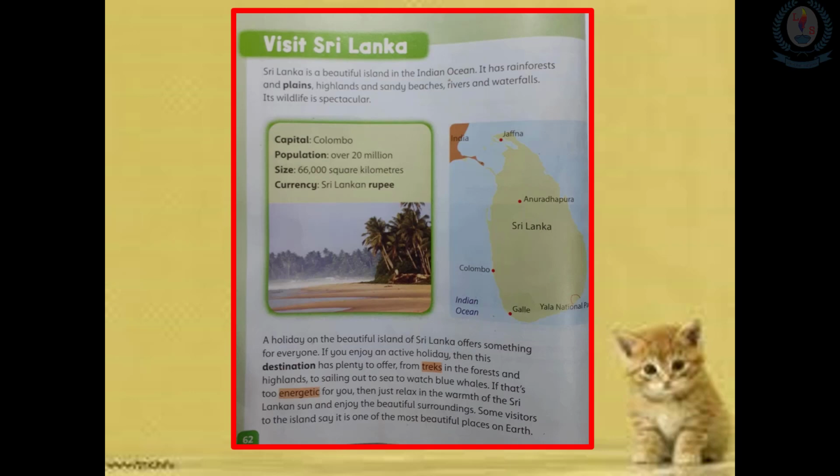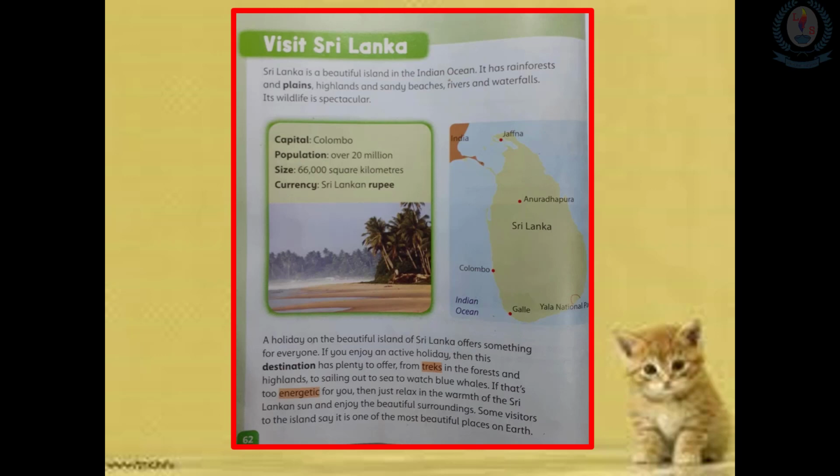Okay. Now I'm going to explain the lesson to you. You also should have the textbook and turn to page number 62 and 63 because we are going to discuss these 2 pages. Visit Sri Lanka. Sri Lanka is a beautiful island in the Indian Ocean.